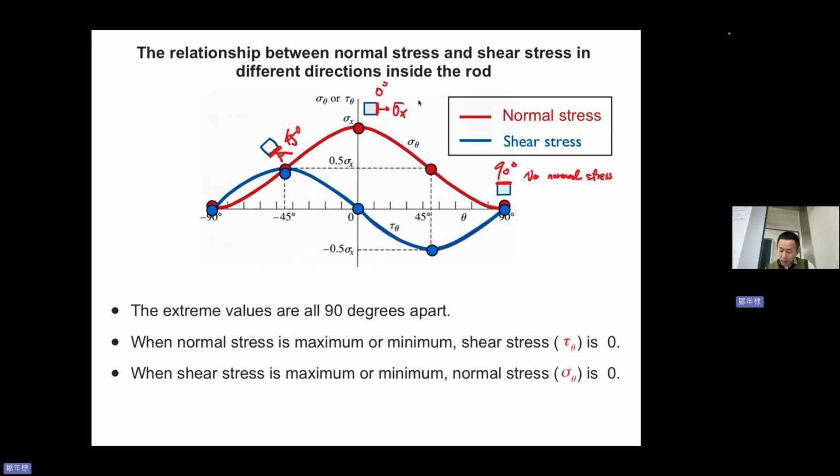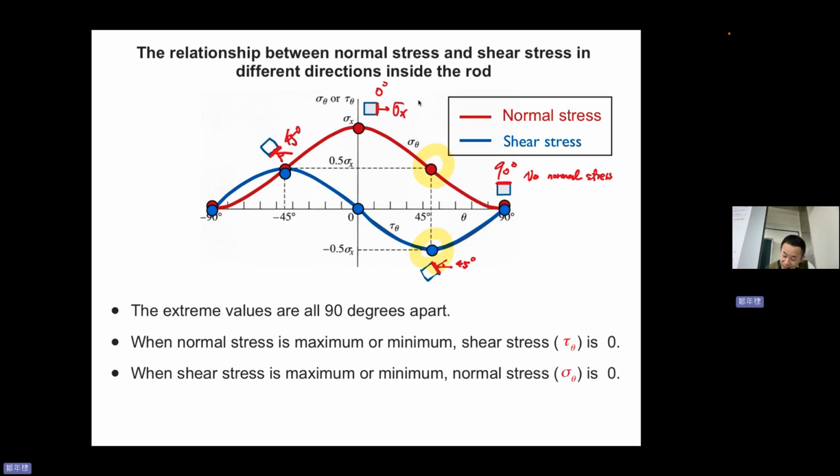And of course, this one, and 45 degrees, we are talking about this surface. At 45 degrees, your normal stress at that surface is this value and that value.